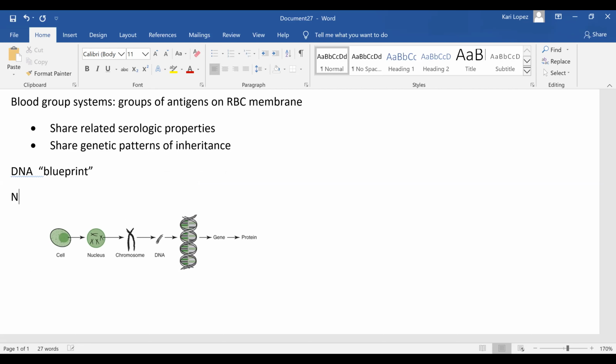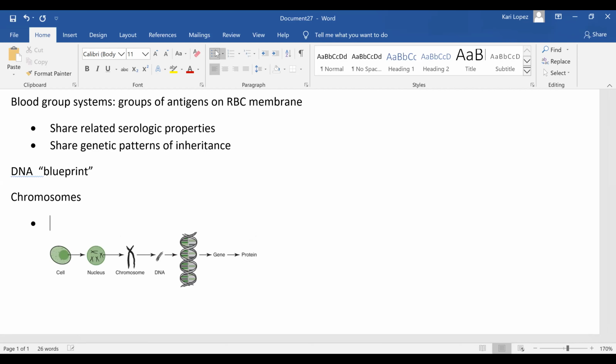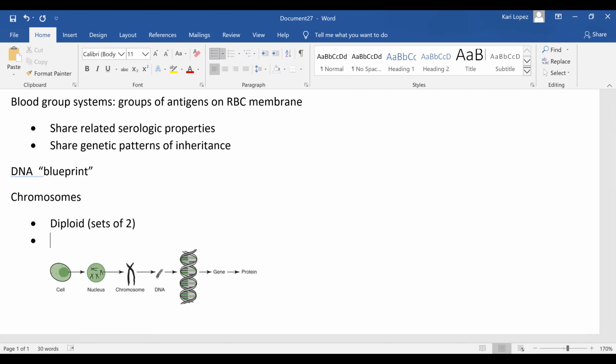You already know the nucleus and stuff, so I'll start with chromosomes. And so again, they're diploid, sets of 2. You've got 23 pairs.